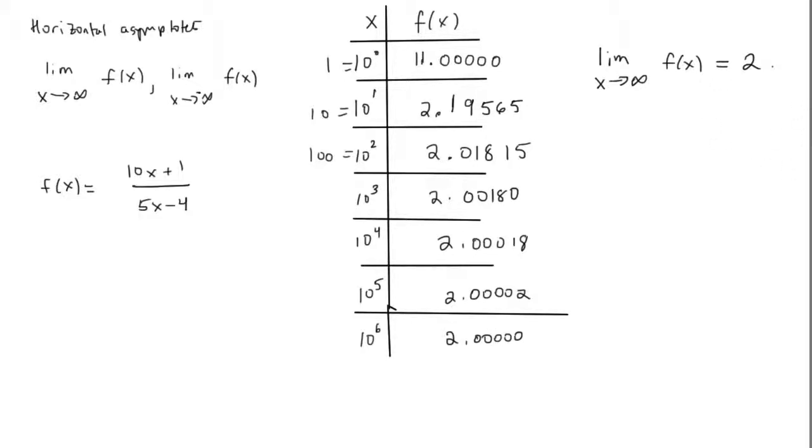Now, you probably could have guessed that we would have gotten 2 as the limit just by looking back at the original function. In this case, the ratio of the leading coefficients is 2, and the degree of both the numerator and denominator are the same. And surprise, surprise, the limit comes out to be 2.